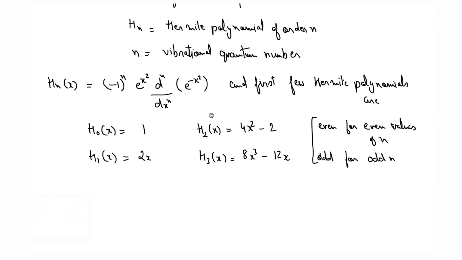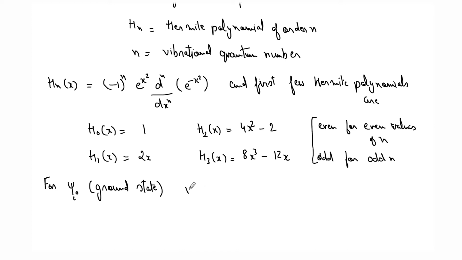Now let's try to calculate the symmetry of the ground state. Because let's say we are interested in the ground state and the first excited state, and of course you can calculate for the second excited state, third excited state. All those calculations can be done. Let's try to calculate for psi I0, right? Ground state.